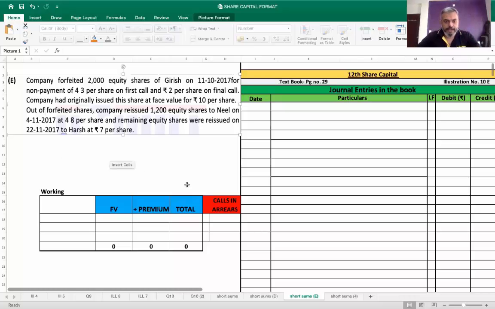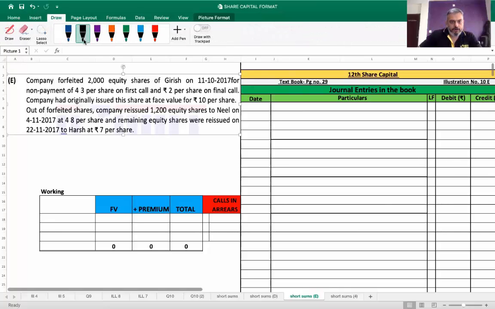Now E, transaction E. The company forfeited 2,000 equity shares of Girish on 11/10/2017 for non-payment of, just let me make a correction, non-payment of 3 per share on first call, 2 per share on final call. The company had originally issued these shares at a face value of rupees 10 per share.